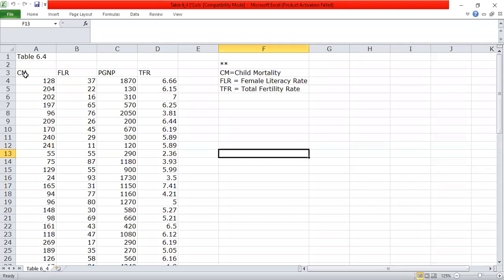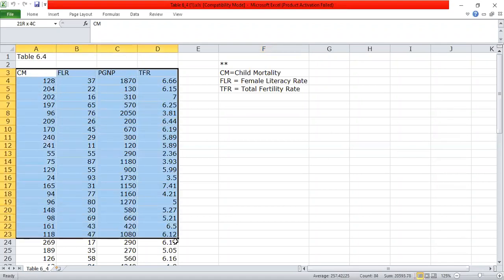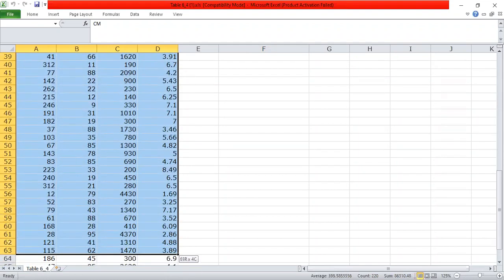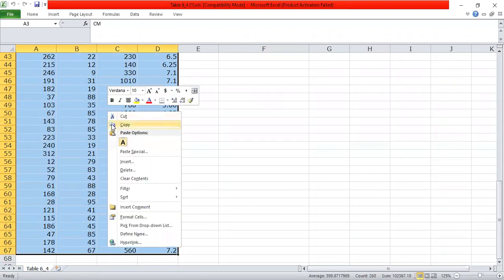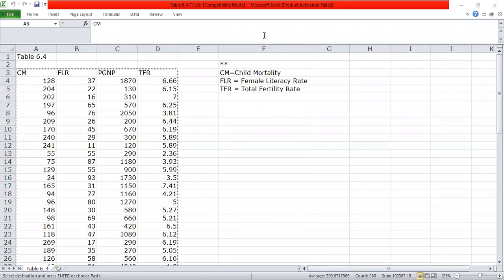So we have this data in a separate Excel file, or you will have your own data when you do your research. You copy it. Okay, this is my silly way. Copy it here, then I go back to my Stata.